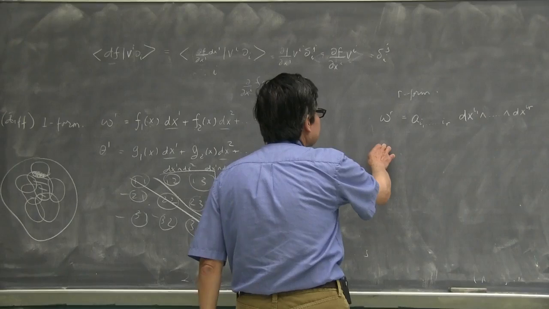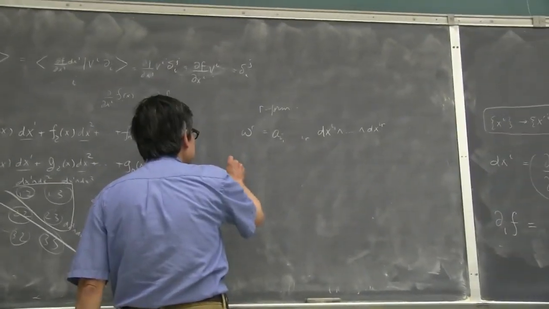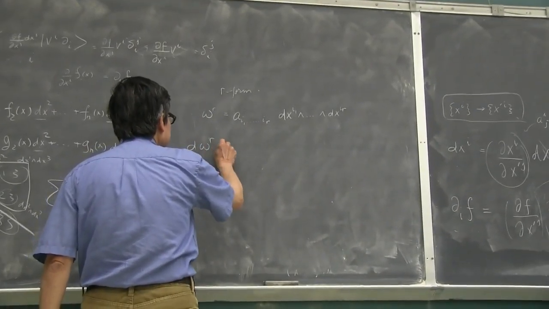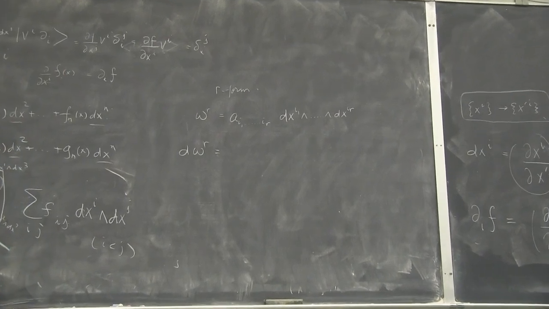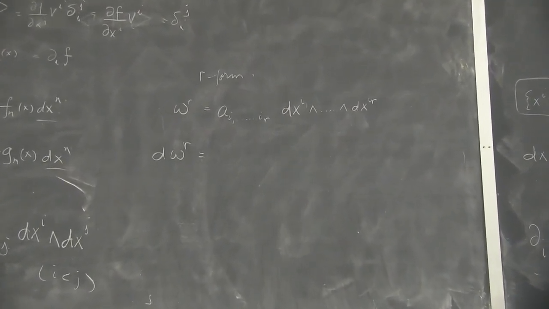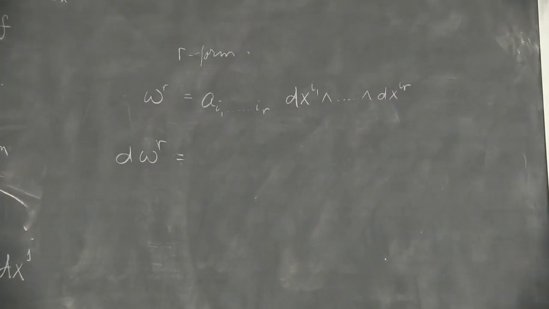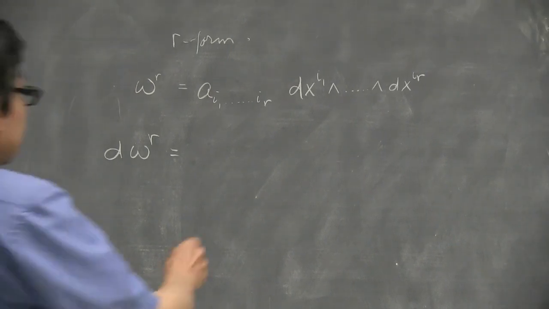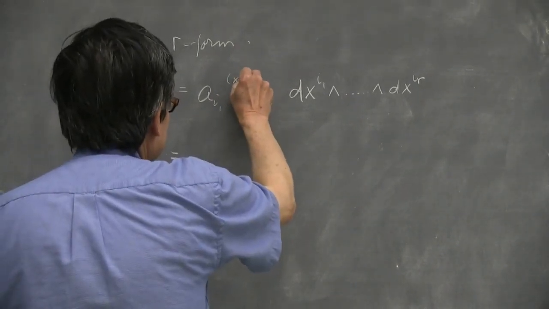Now then, if this is a given R form, what is then the exterior derivative of this given R form? And notice very carefully how you compute it. Now this guy in general is a function of all the x's, right?